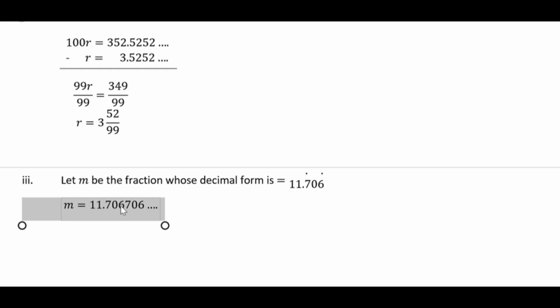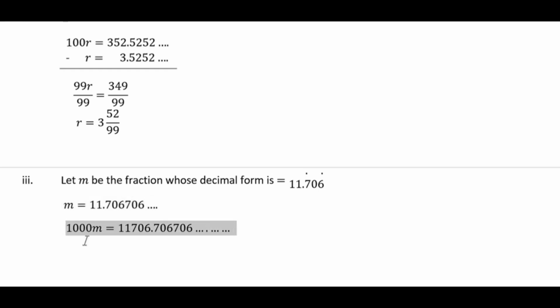So we have to multiply by 1000. So we shall say 1000 M is equal to, if you multiply by 1000 here, the decimal will move from here up to here. That will be 11,706.706706 like that.